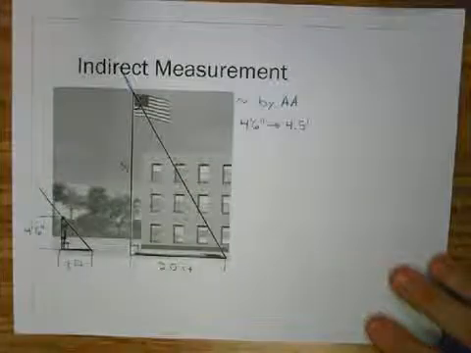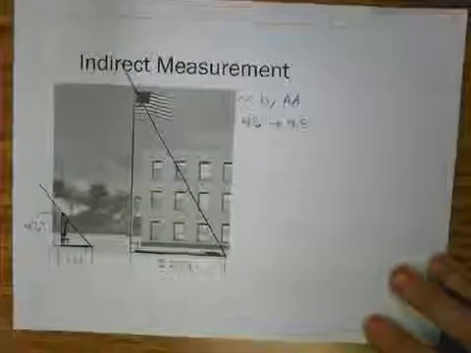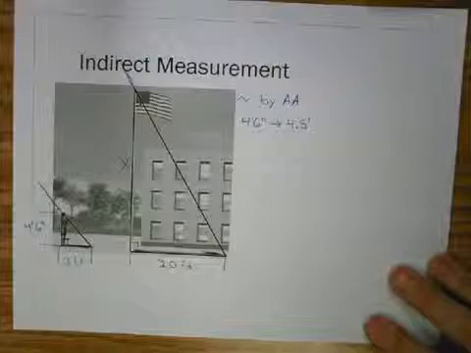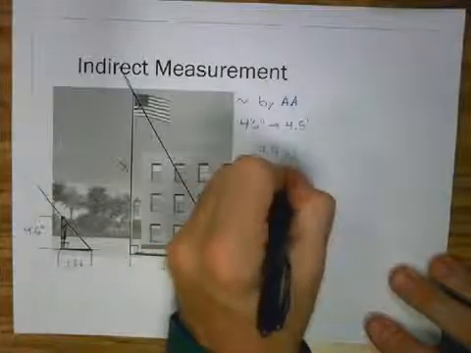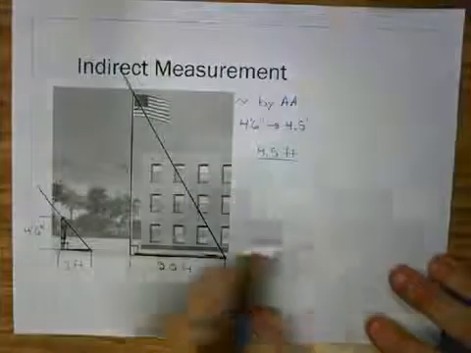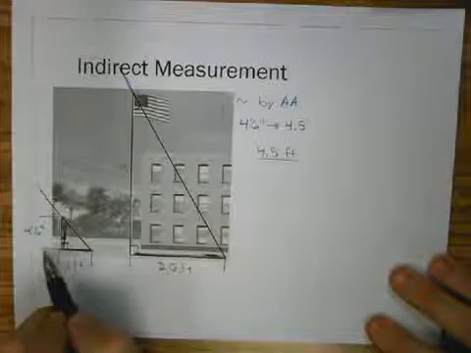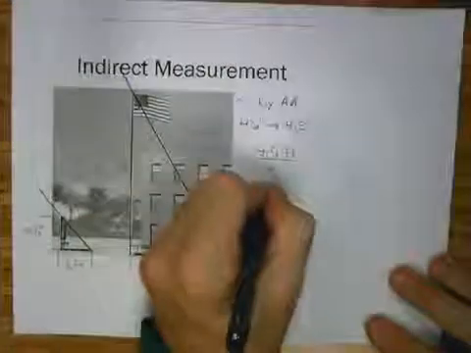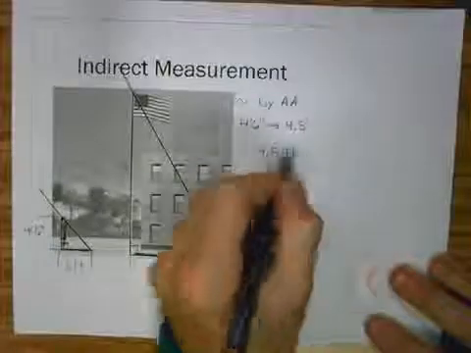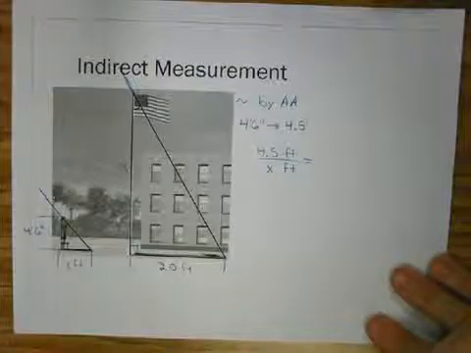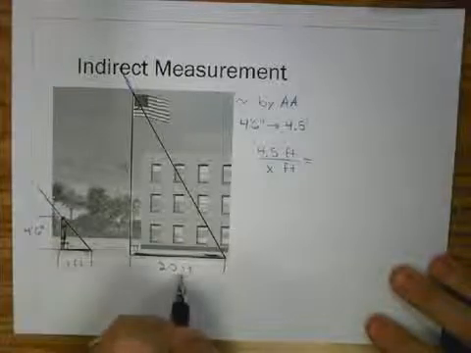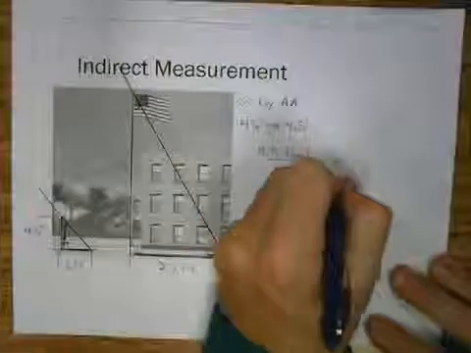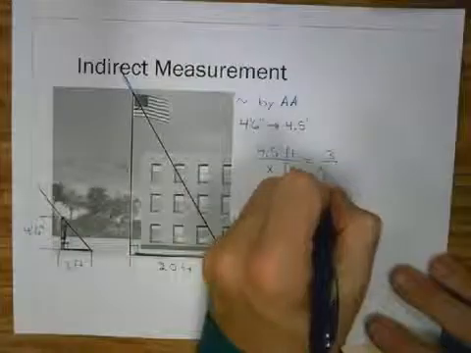So I have 4 feet 6 inches. Now 4 feet 6 inches I want to write as a decimal. 4 feet 6 inches is 4.5 feet. It's not 4.6, it's 4.5. There's 6 inches in a foot. So 4.5 feet. So I'm going to say 4.5 feet is to the height of the person is to the height of the flagpole, so x.